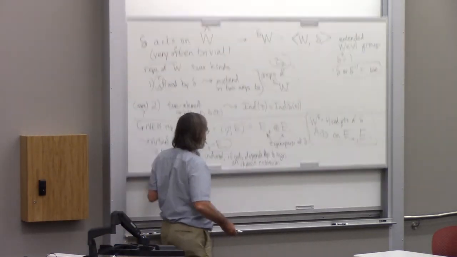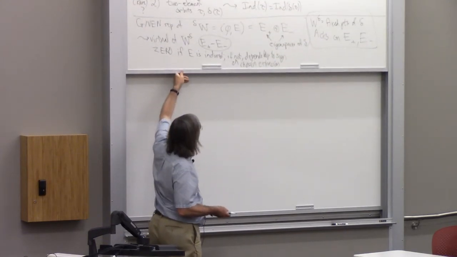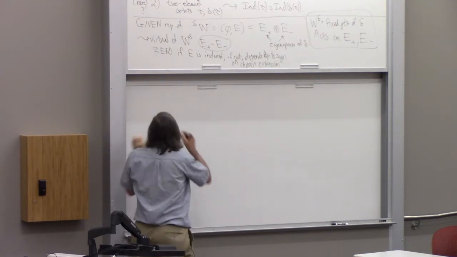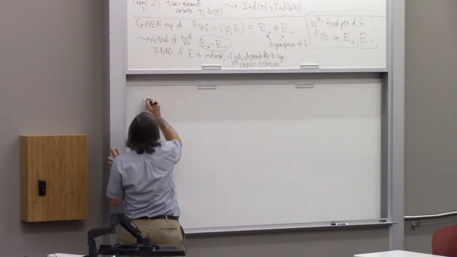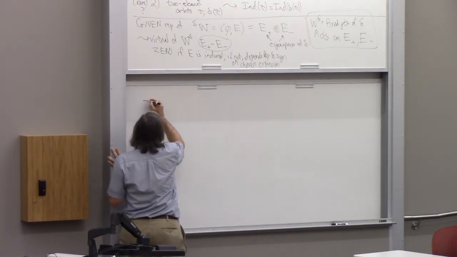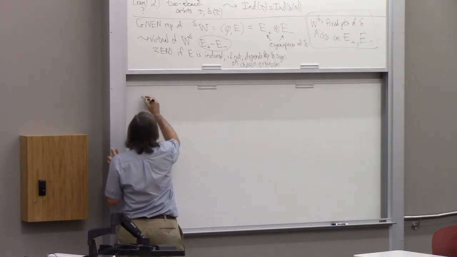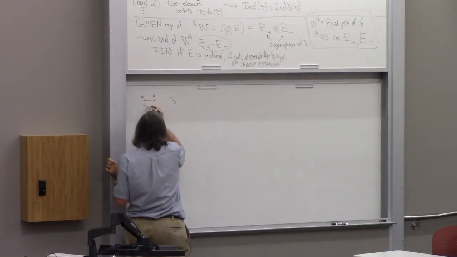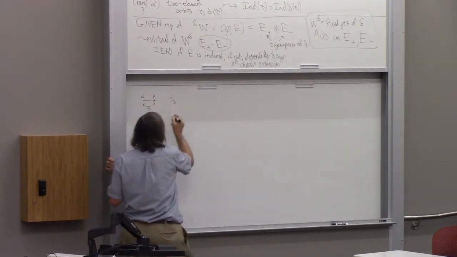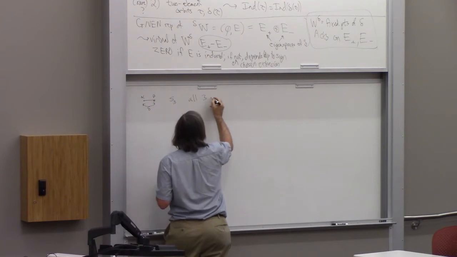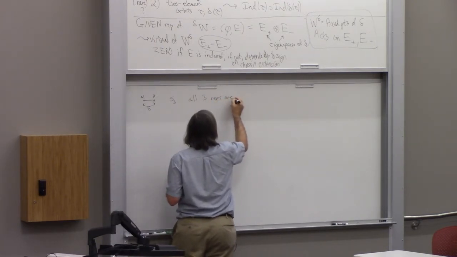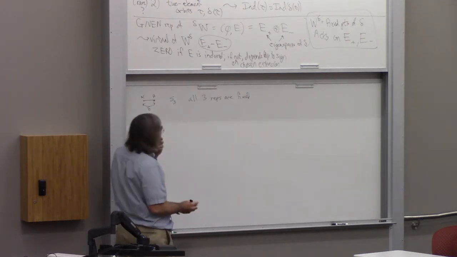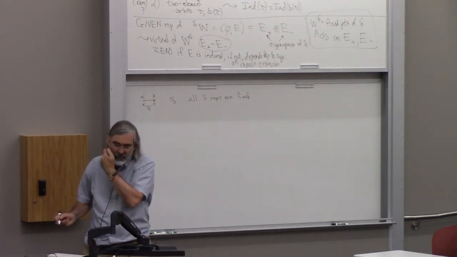So let me look at this example, A2. So we have S3, and this is delta, and all three representations are fixed.